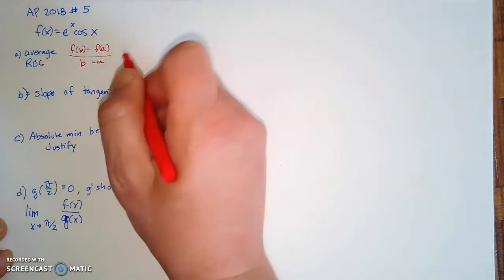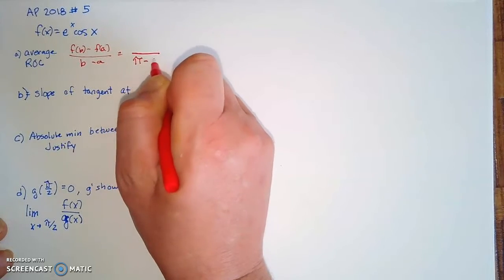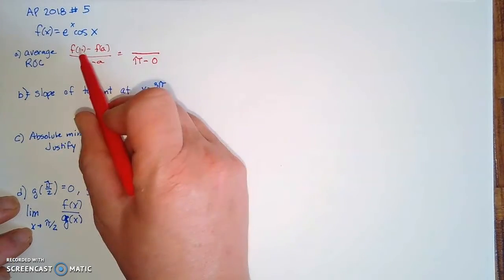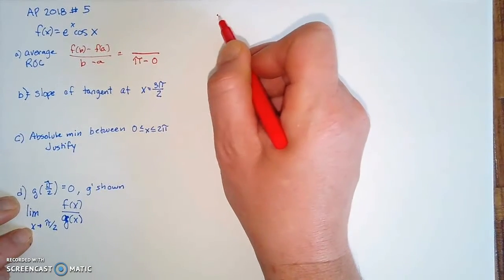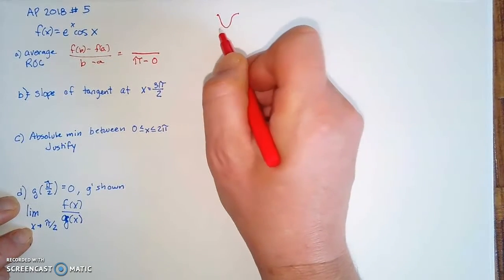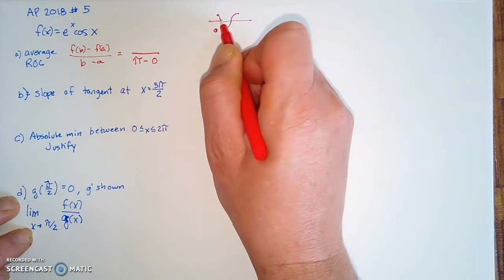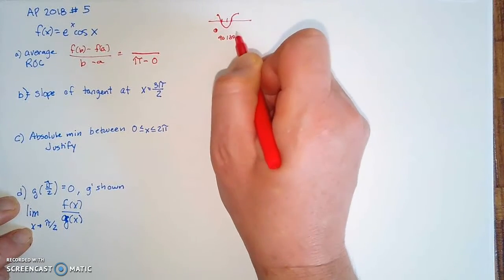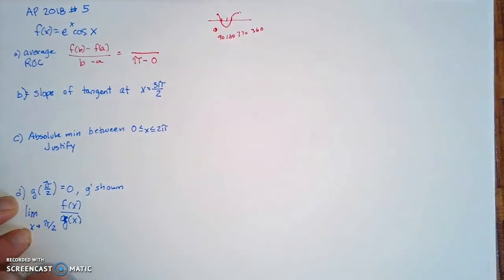You have 0 and pi, so I'm going to fill this in. Pi on the bottom minus 0. And now I need to find f of pi and f of 0. So really quick, the cosine graph looks like that at 0, 90, 180, 270, and 360.